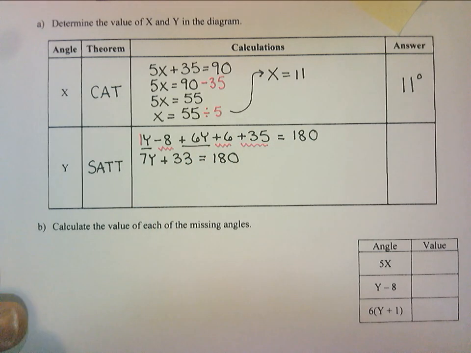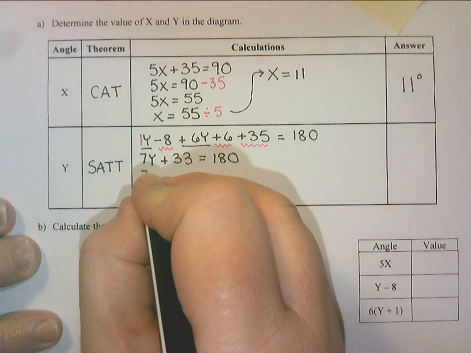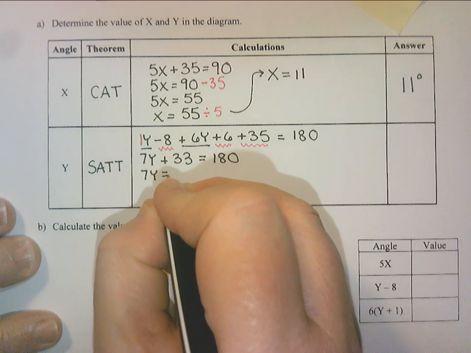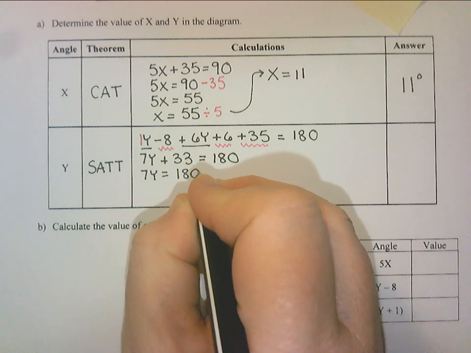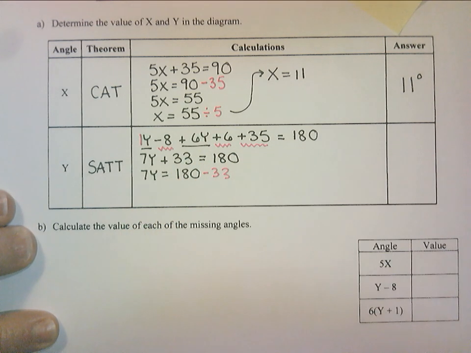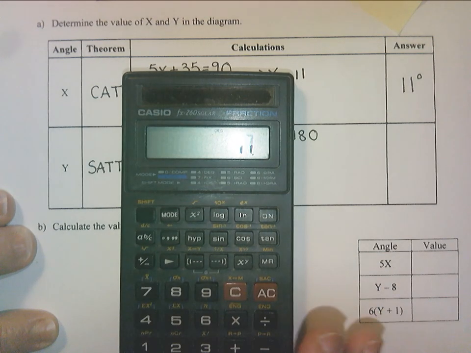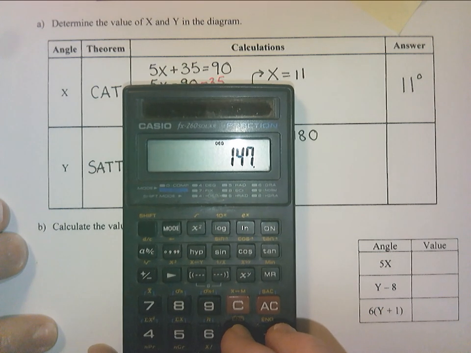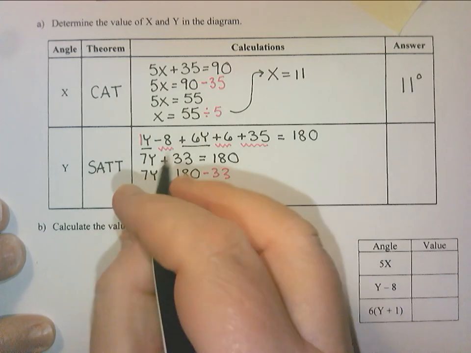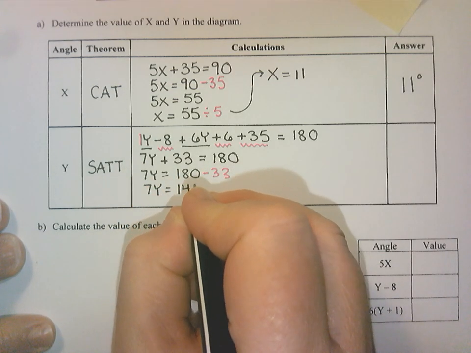All right, from here we are just solving. I'm going to subtract 33 to undo that. So I'm going to do 180 take away 33. That gives me 147 degrees. So 7y equals 147 degrees.